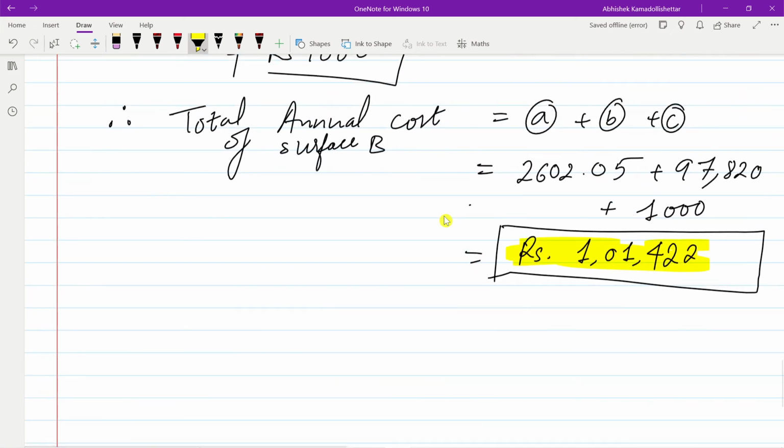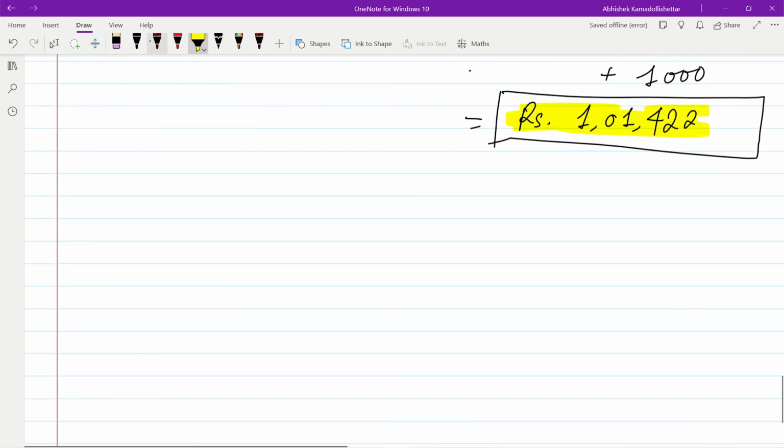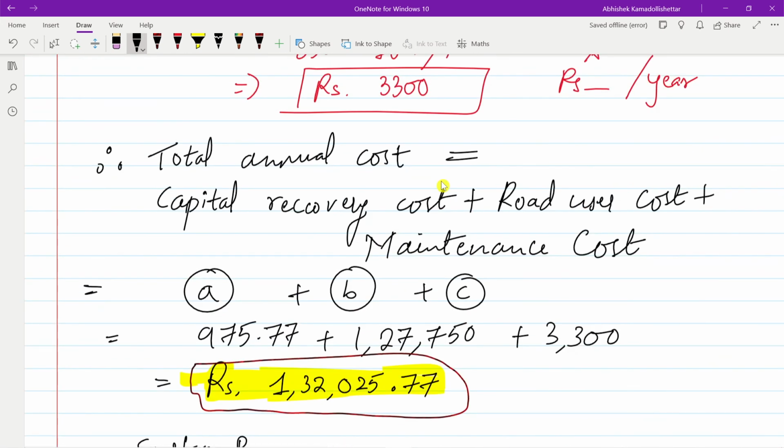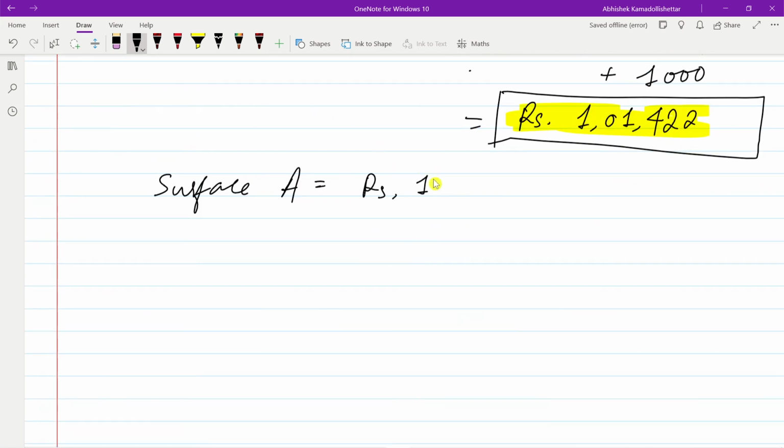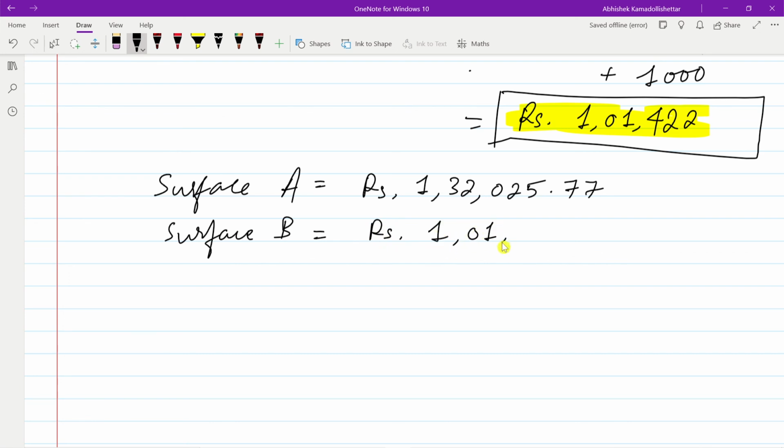So surface A we got as 1 lakh 32,025.77, and surface B as rupees 1,01,422.00.